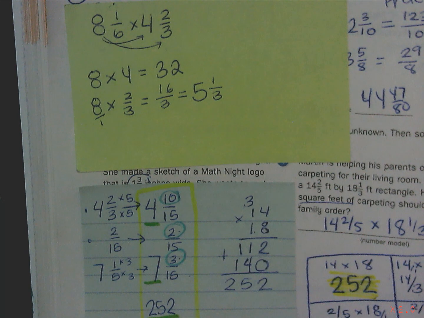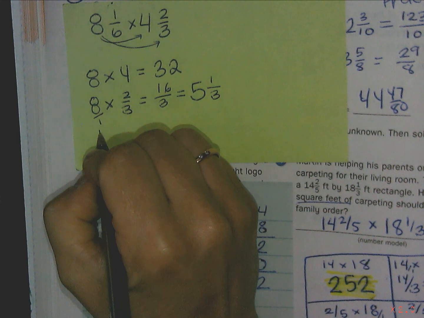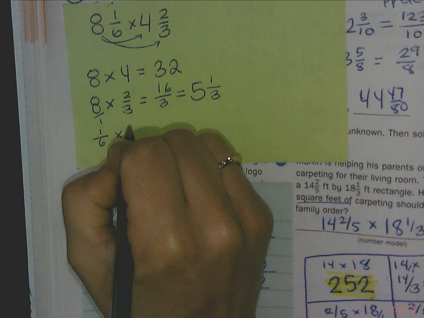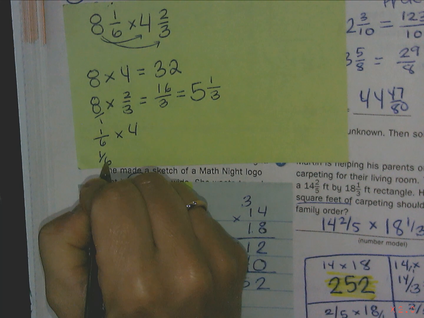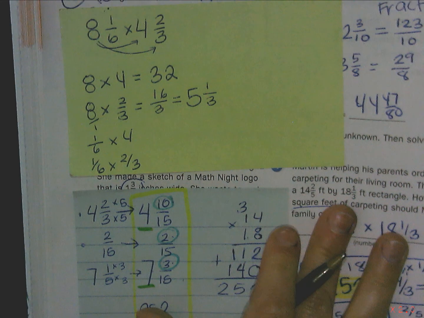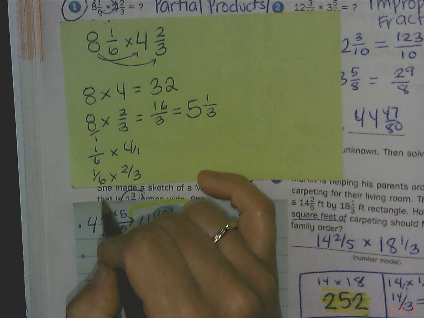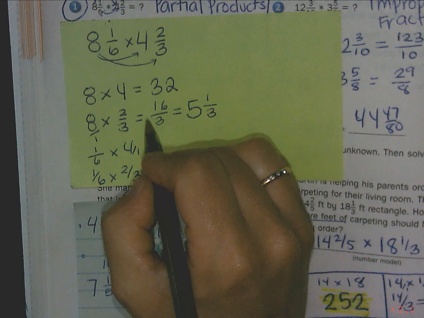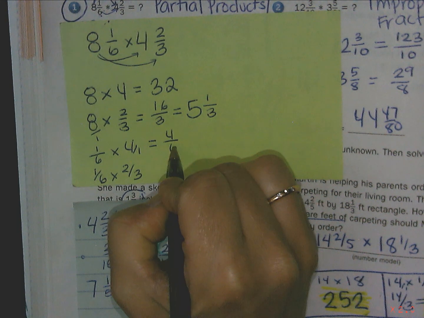All right, for my 2 other partial products, I have 1/6 times 4 and 1/6 times 2/3. Oops, I'm running out of room here. Yep. All right, 4, I can think of it as 4 over 1 if I would like. So 1 times 4 is 4, and 6 times 1 is 6.